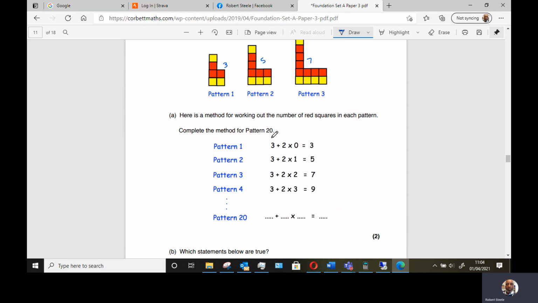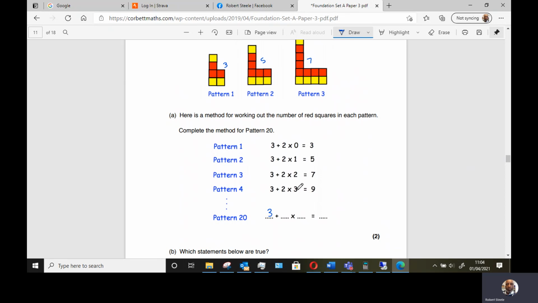If we look at this pattern that's emerged here, this number is going up in ones, just like the pattern number is going up in ones.